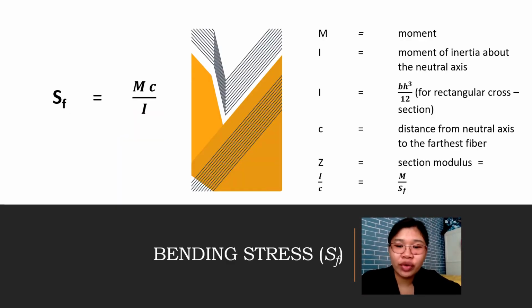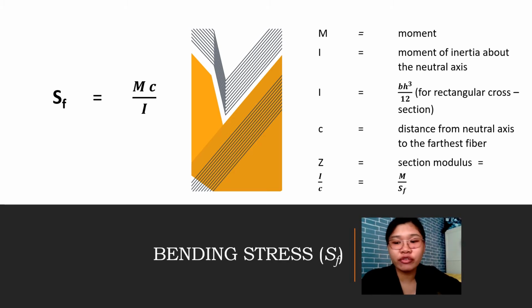And the formula for our bending stress SF is equal to MC over I, wherein M is moment, C is the distance from the neutral axis to the farthest fiber, and I is the moment of inertia about the neutral axis. I suggest also to memorize the moment of inertia because there are a lot of derived formulas of moment of inertia for regular cross sections, for example, for a rectangle, for a circle, like that.